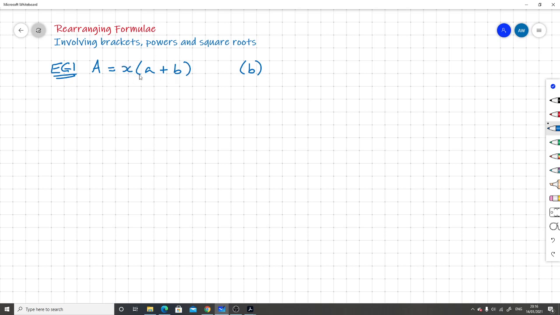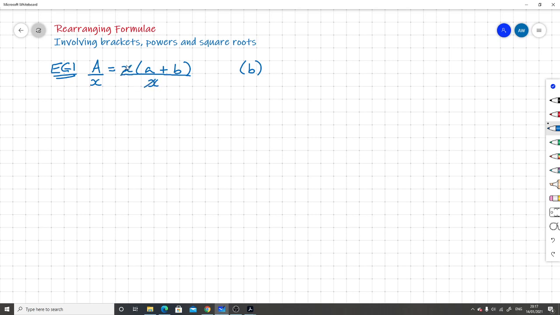When you look at this right hand side of this formula, it says x multiplied by all of this bracket. So if x is being multiplied by all of this, to get rid of this x we simply need to divide all of it by x, and if we divide that side by x, we divide that side by x, of course. Now dividing this by x basically cancels these out.